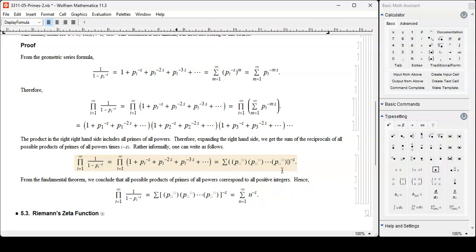So the denominator is getting bigger, bigger, bigger. If you keep multiplying infinitely many, they'll all go down to 0. If you multiply only finitely many times and then a bunch of ones, only those will give you a non-zero term to add. And in that case, these products of primes will become an integer. And also, every integer can be decomposed uniquely into a product of primes by the fundamental theorem of arithmetic.